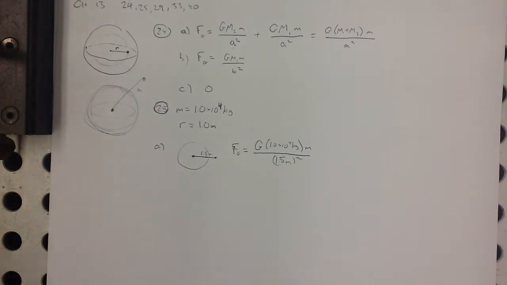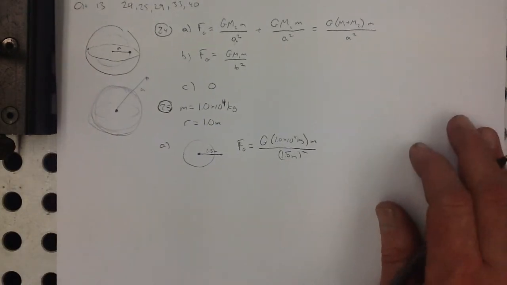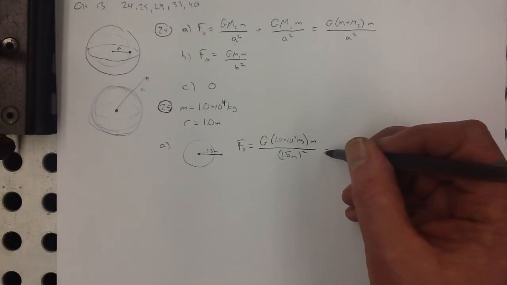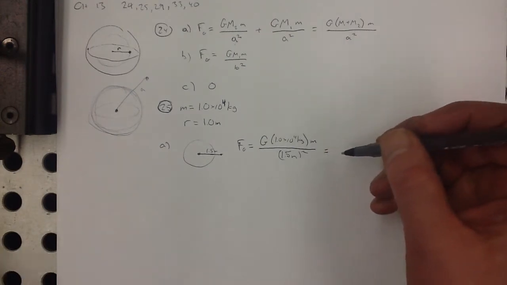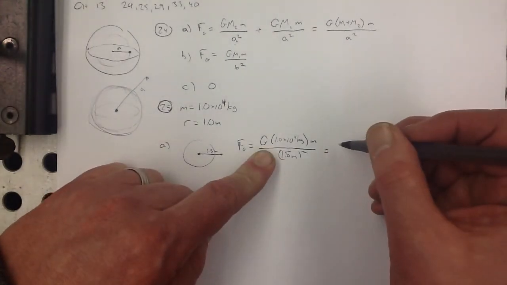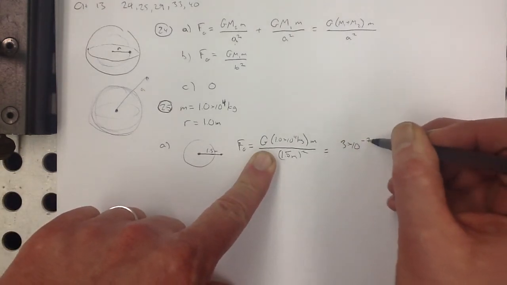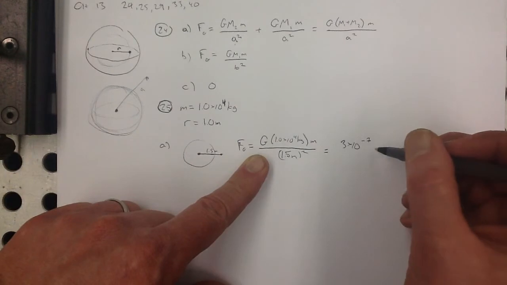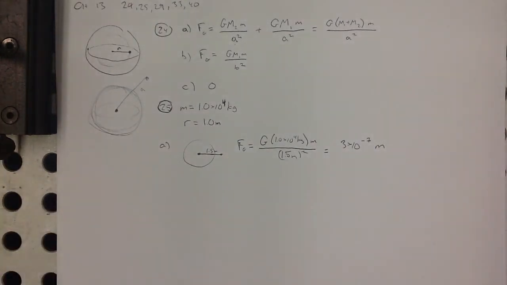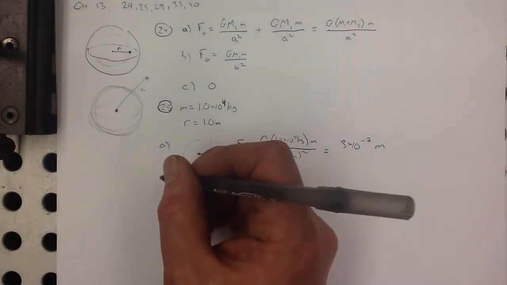And I suppose we could simplify that some. So what does that come out to be? About 3 times 10 to the negative 7th. And then that's still variable m.